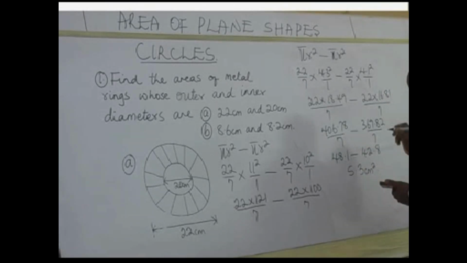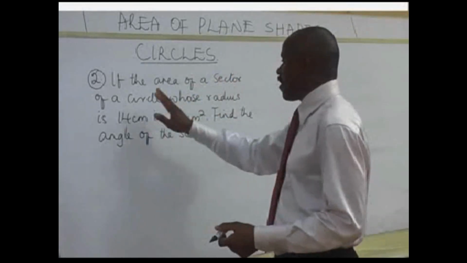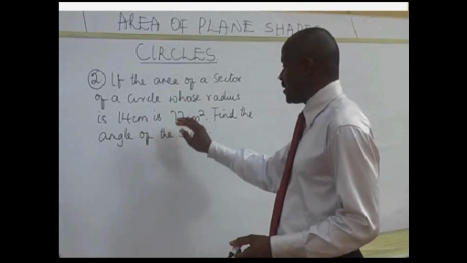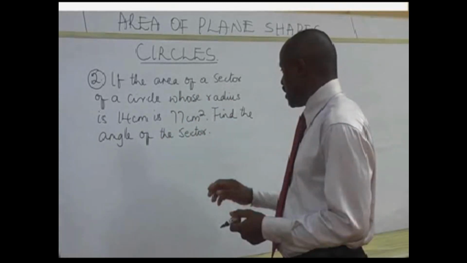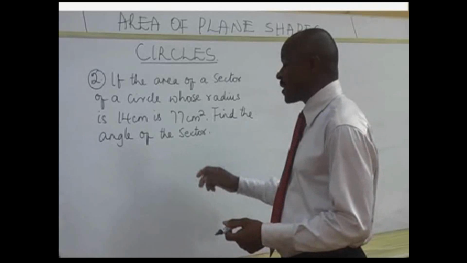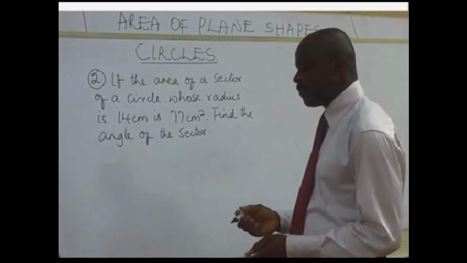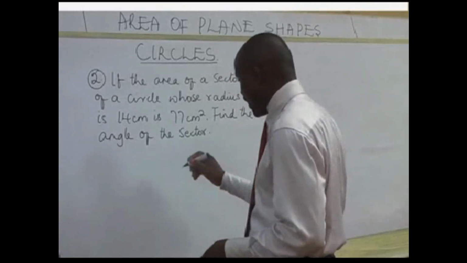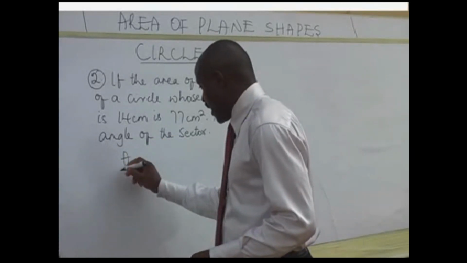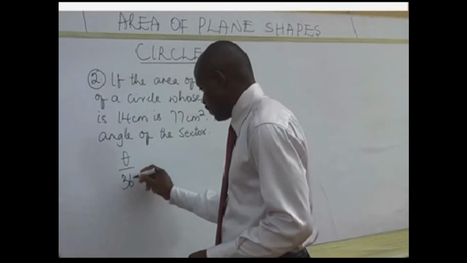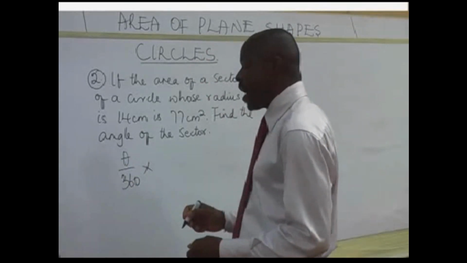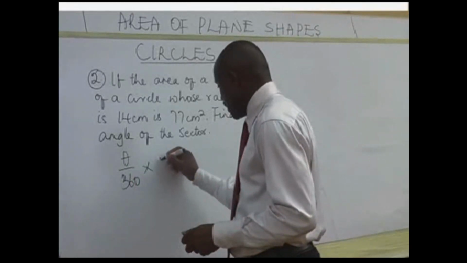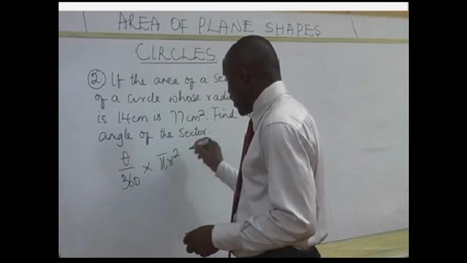If the area of a sector of a circle whose radius is 14 cm is 77 cm squared, we should find the angle of the sector. First of all, the area of a sector of a circle is given by theta all over 360 times the area of the circle of which the sector is part, which is pi r squared.